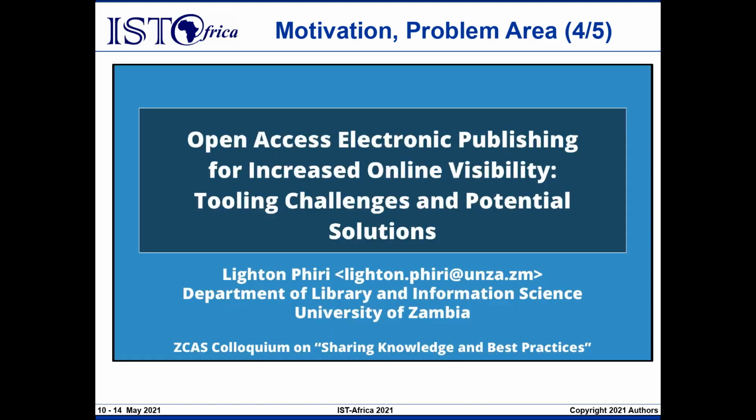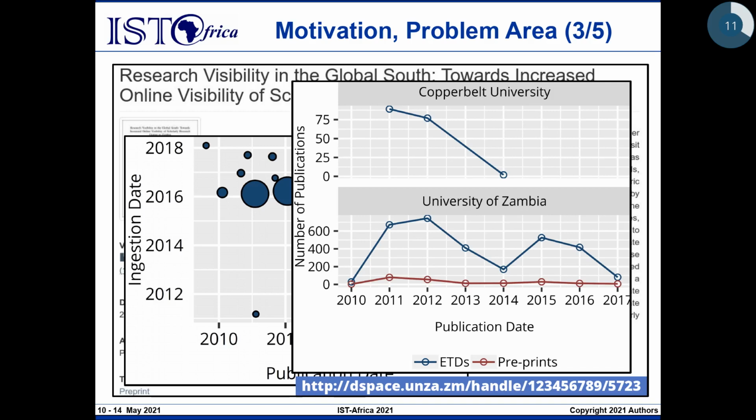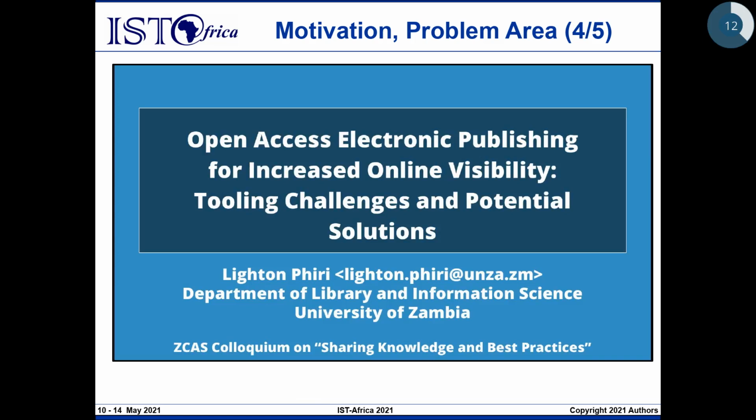And so to try and work towards this problem itself, what we have done is we've set out to take advantage of what we're calling a multifaceted approach. And so we've been working towards a number of initiatives that involve so many different things, from sensitizing our colleagues on the importance of making available this research output that is produced by their higher education institutions, and also trying to showcase exactly how we can take advantage of open access publishing platforms to make available this research output.